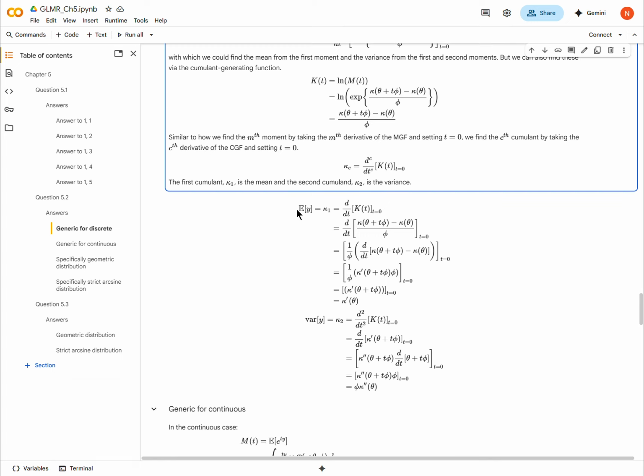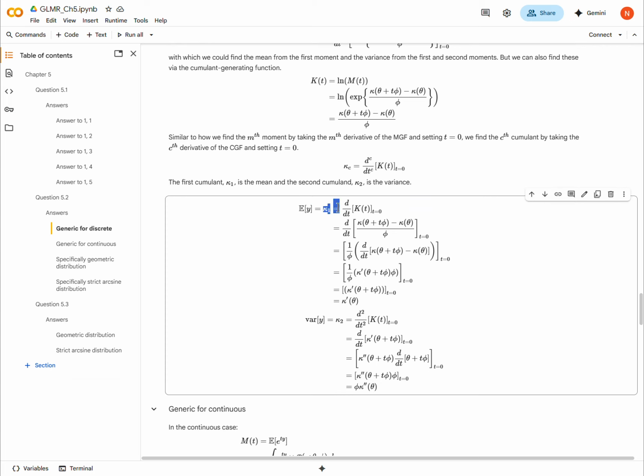So here, applying that to our generic EDM: I want to find the mean. Well, that's the first cumulant, which is the first derivative of the cumulant function, setting t to 0. So I take the derivative of my cumulant generating function, setting t to 0, and you can hopefully follow the math.